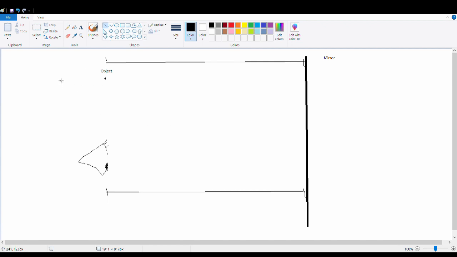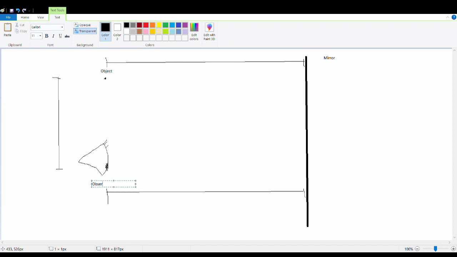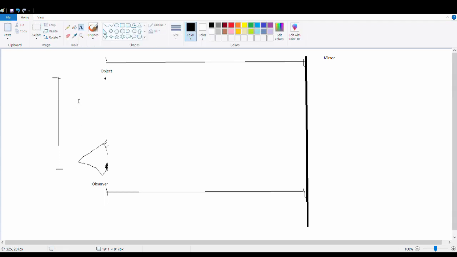Let's find, first of all, the distance between the object and the observer, like this. And so we know that the distance between the object and the mirror is the same as the distance between the observer and the mirror. That makes things a little bit easier because we can simply divide this distance in half, and then, let's say the half is right here, connect the normal that hits this line in half to the mirror.